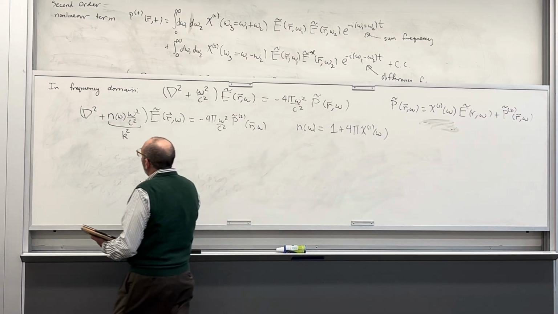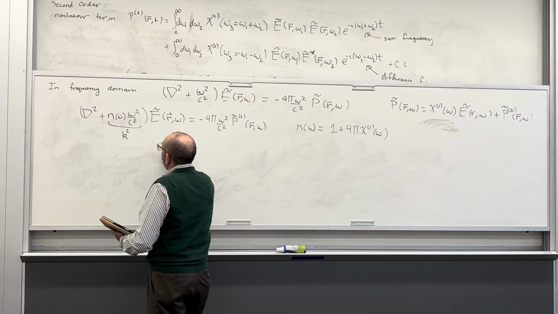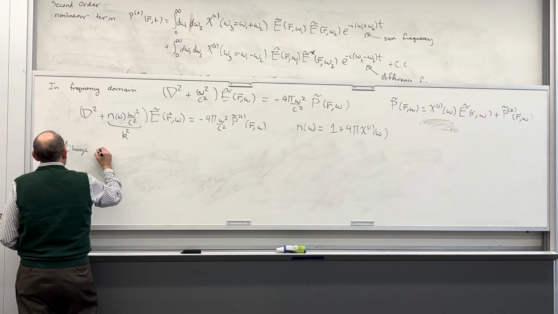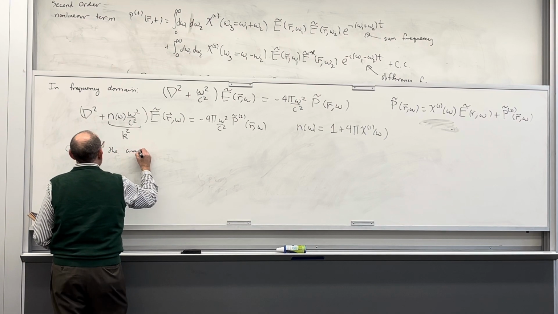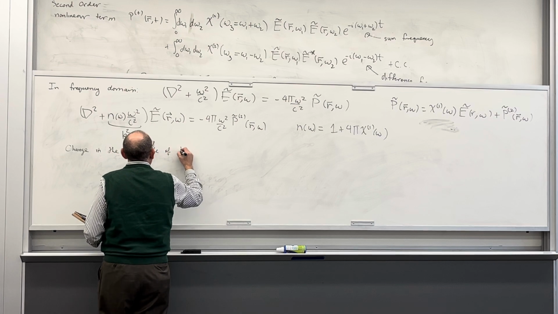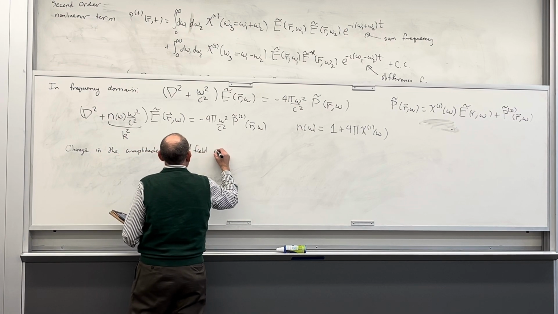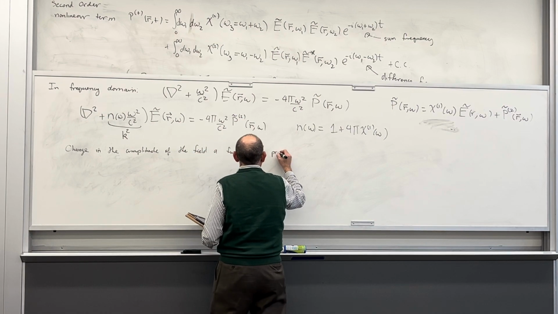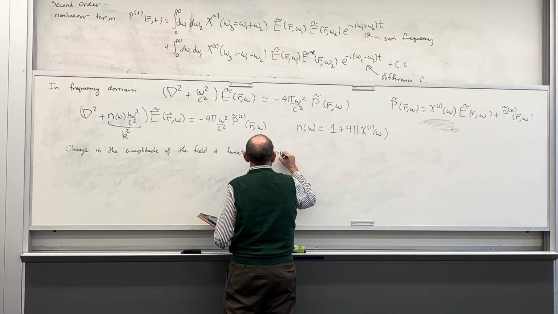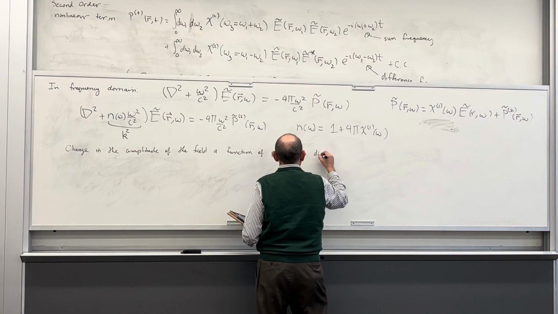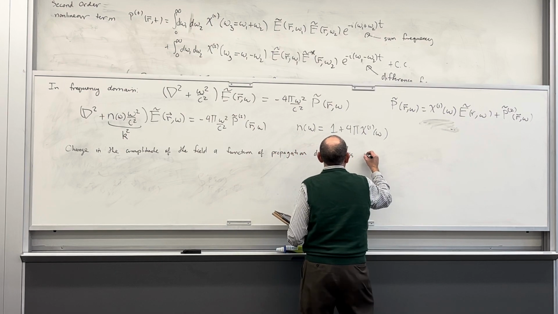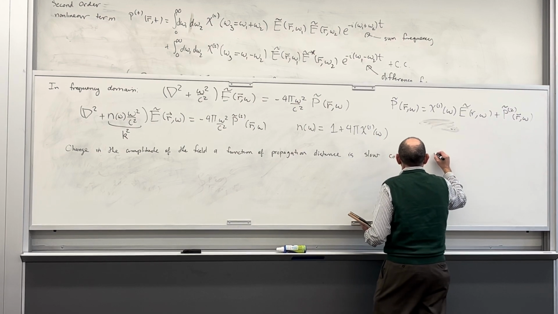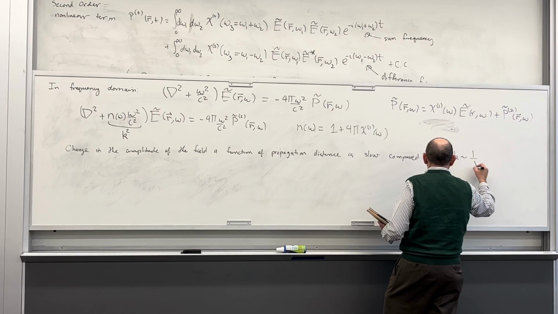So now what we're going to say is that the change in the amplitude of the field as a function of propagation distance is slow compared to k, which goes like 1 over the wavelength.